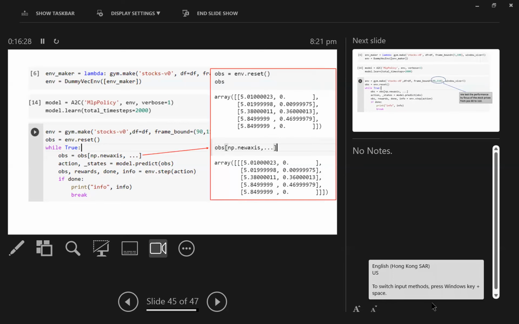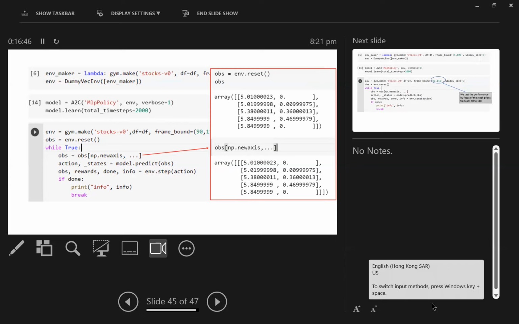So this is the original obs in this example. And now if you add a new dimension, it just adds 1 more dimension without any change.